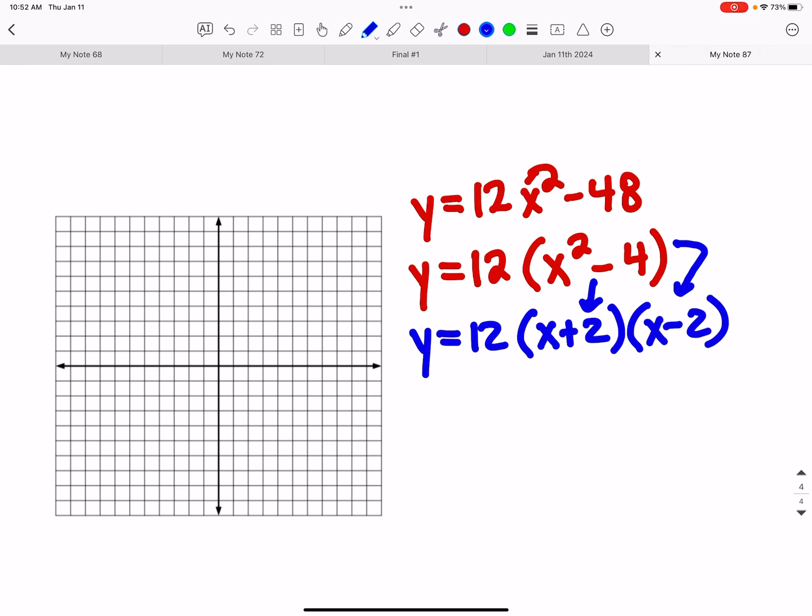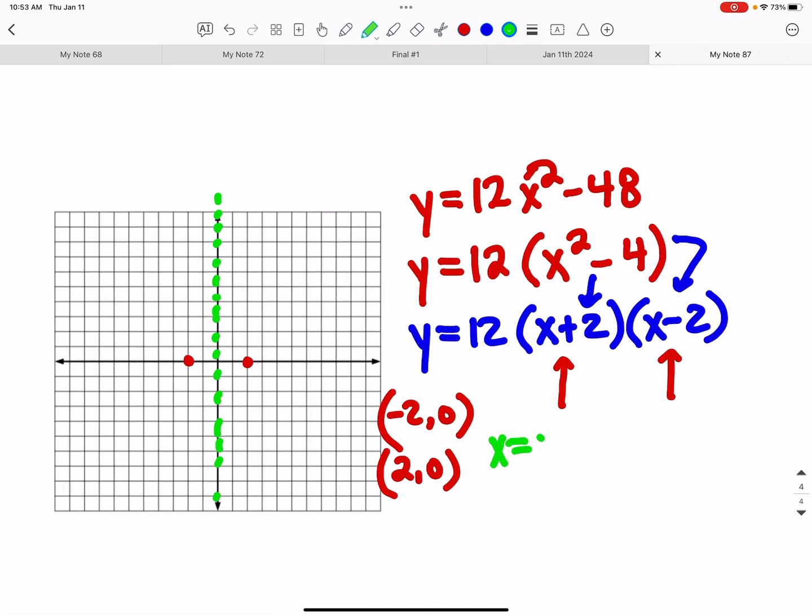Okay, so negative 2 makes that 0, so we have negative 2, 0. Positive 2 makes that 0. So negative 2, 0, positive 2, 0. The axis must be right here, right down the middle. So the axis is going to be perfectly down the middle at x equals 0.